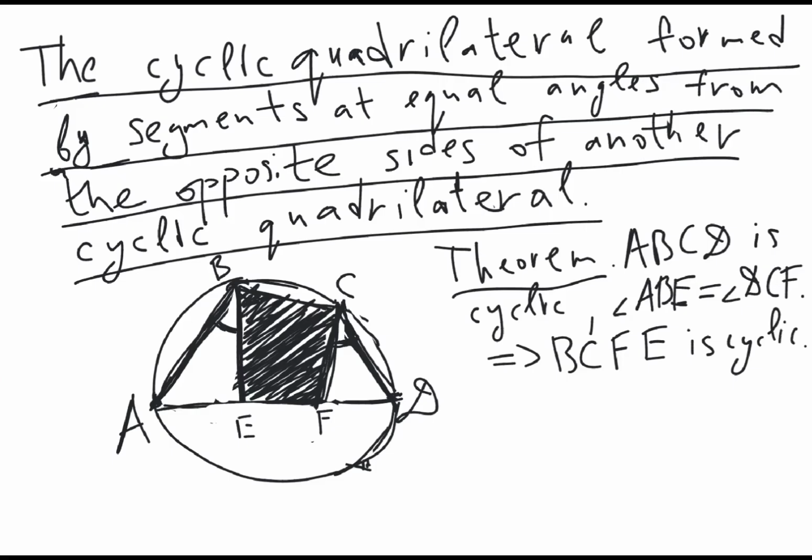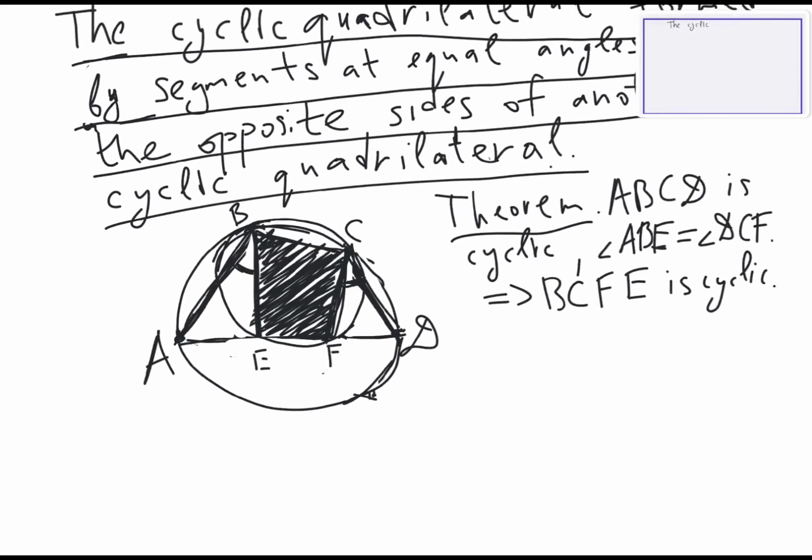Cyclic means that there is a circle that passes through all these four vertices, a circle like this. So that's the theorem.